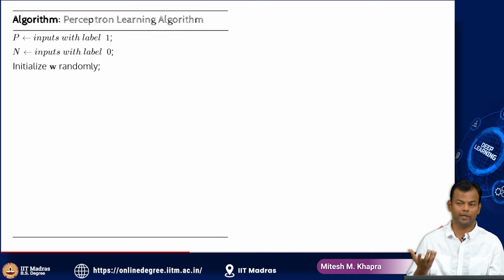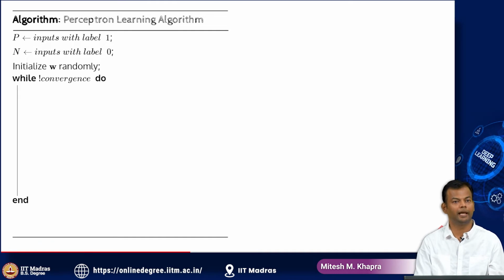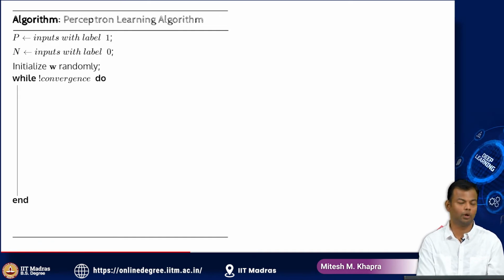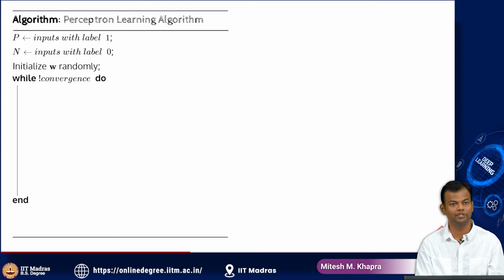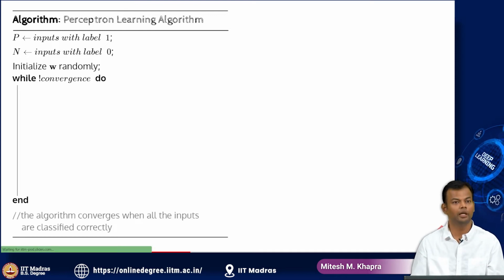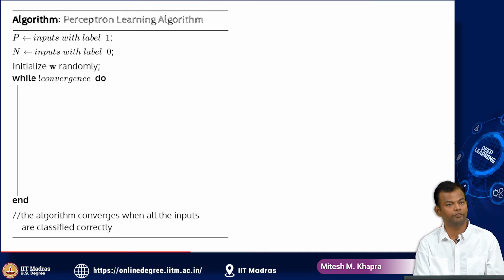So now I don't know what the weights are. So what will I do? I'll just initialize the weights randomly, right? And until I reach convergence, I'll do something, right? Now, what is the meaning of convergence here?